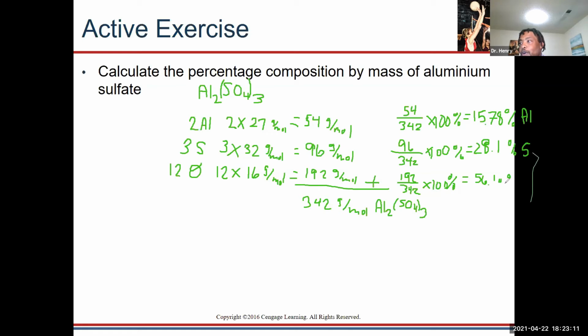So this one is a little bit over. And if we do it the other way, we get 100 minus 15.78 minus 28.1, and that equals 56.12.